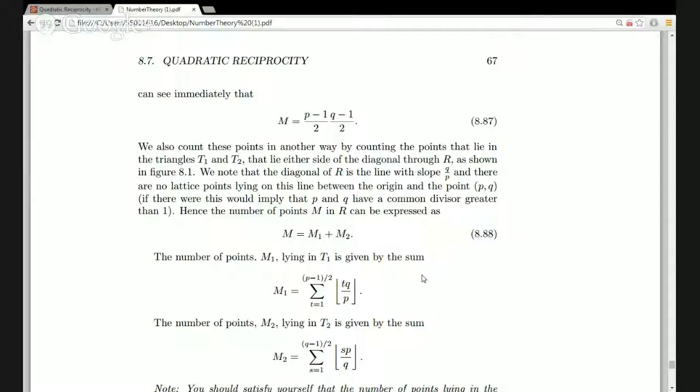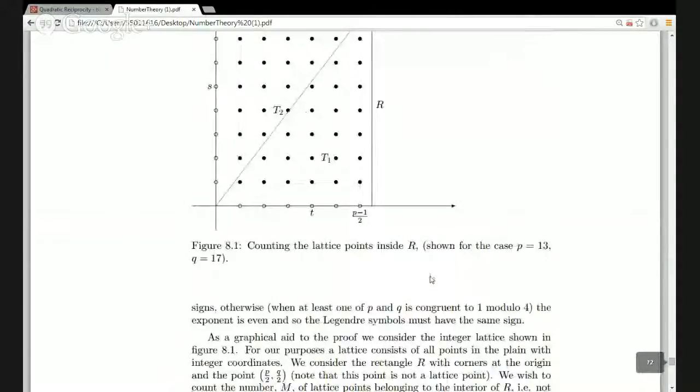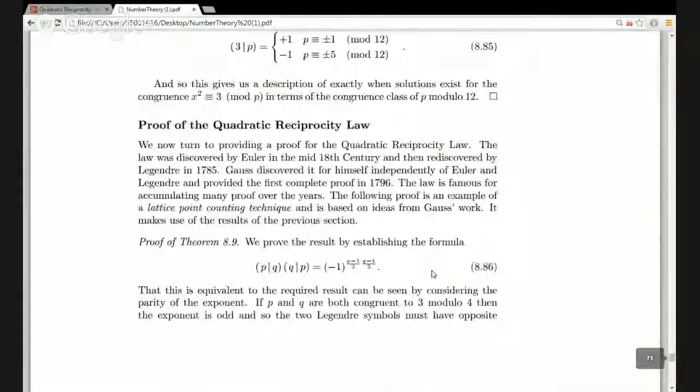Applying that here gives us this result. But the product of both of these is -1 to the total number of lattice points, M1 plus M2, which is this product here, (p-1)/2 times (q-1)/2.